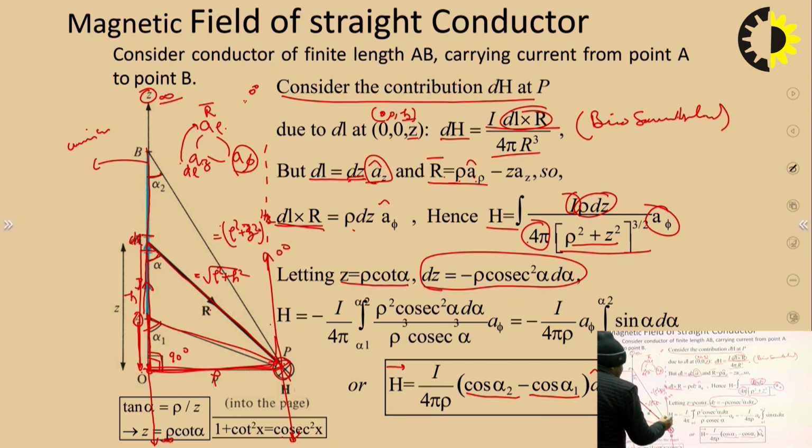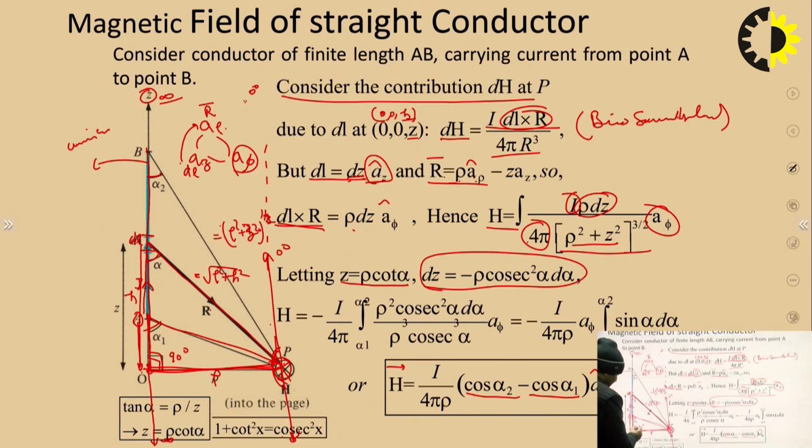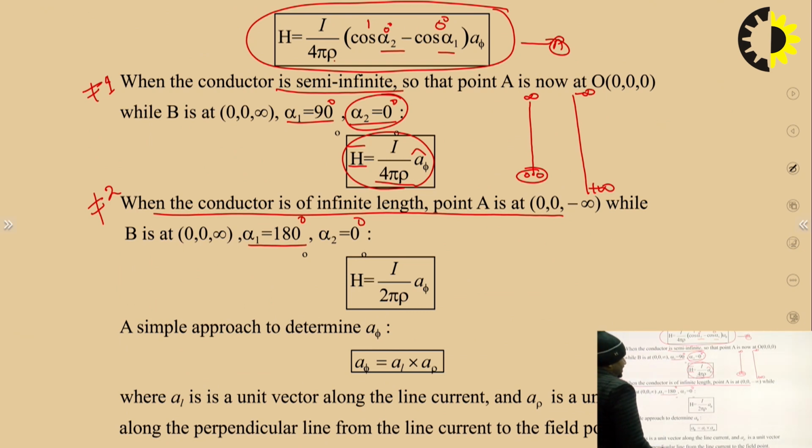So we can say this is the minus 180 degree, or we can say 180 degree, this one is 0 degree, this one is 0 degree. So the value of alpha 1 is minus 180 degree and alpha 2 is 0 degree.